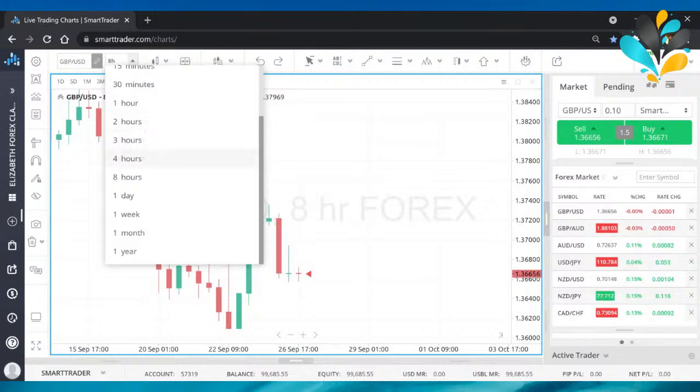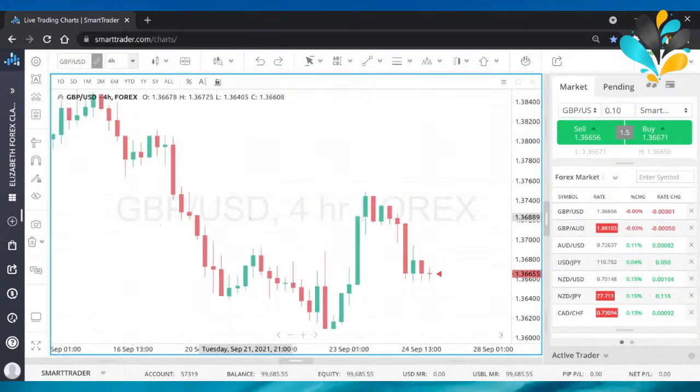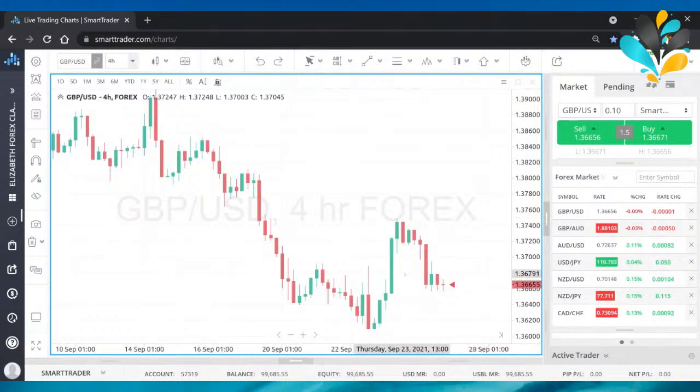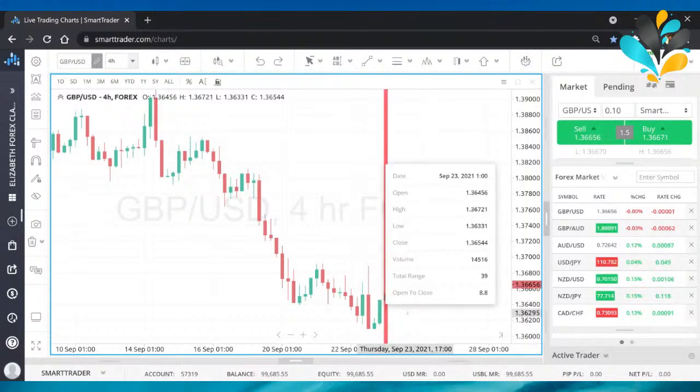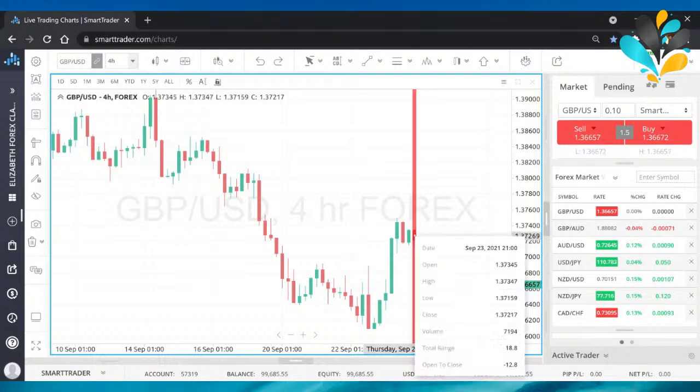So going into the 4-hour time frame, you're going to see how that big red candle formed. The 23rd would have started on this green candle here. And from here, you can see the development of the 23rd up to this candle.